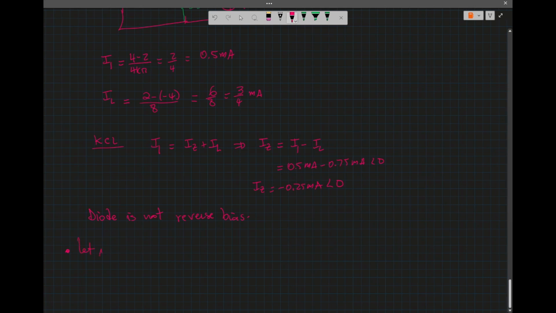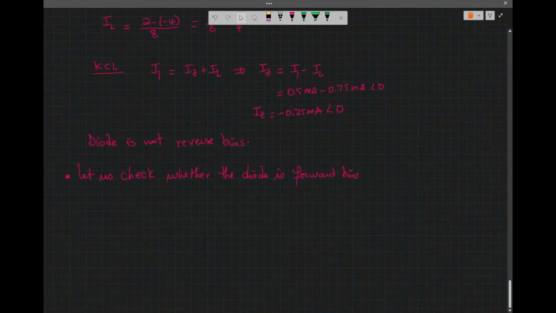So let us check whether the diode is forward bias. So in that case, what do we have?